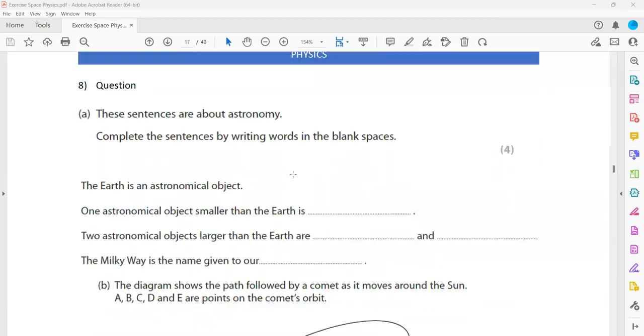In question 8, these sentences are about astronomy. Complete the sentence by writing a word. You can use the screen annotation to complete.